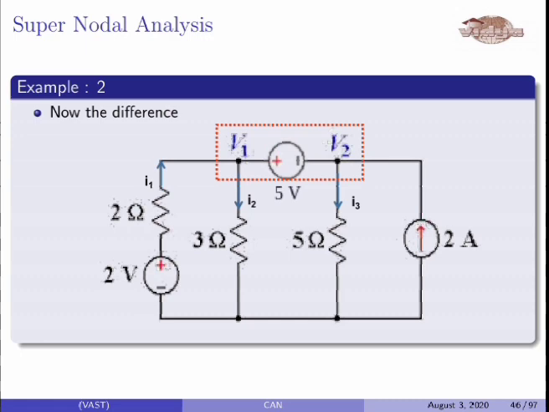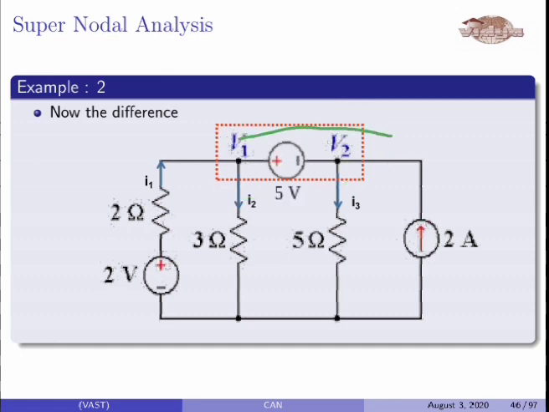So in the supernode method, we assume that node 1 and node 2 together form a supernode. We assume that it is a single node, apply Kirchhoff's Current Law at this supernode, and you will get an equation. So what is that equation?